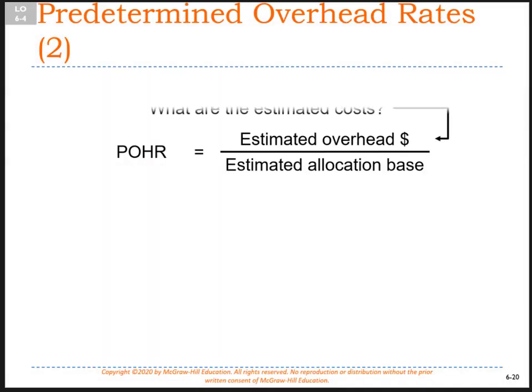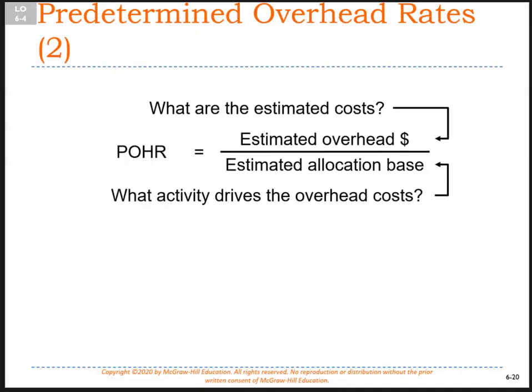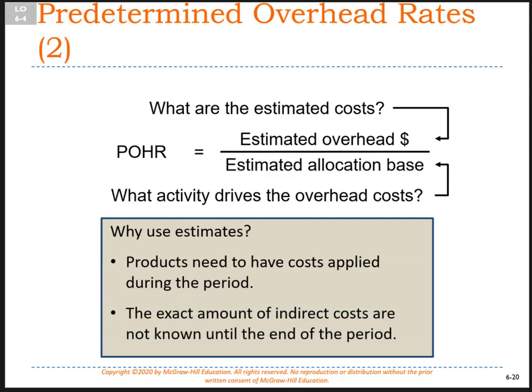All right? As it shows right here. The question we want to ask ourselves is, the allocation base should be an activity that has a logical relationship. It may not have a direct relationship, but it has a logical relationship with the overhead costs we're looking at. If we're looking at all the overhead costs, what would determine how much overhead each product used?